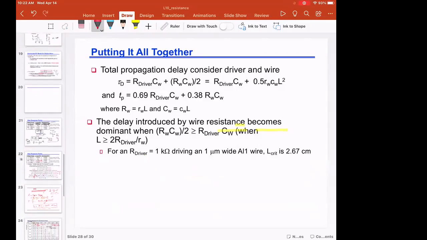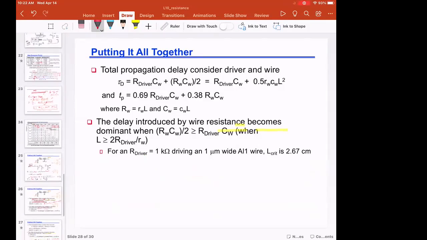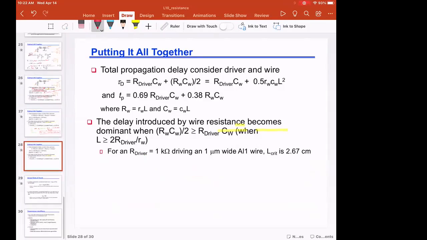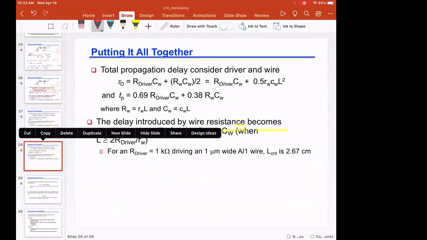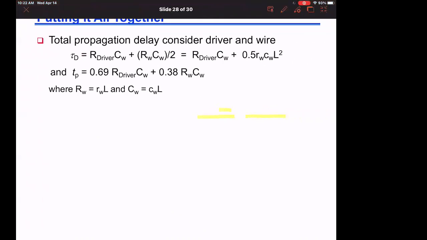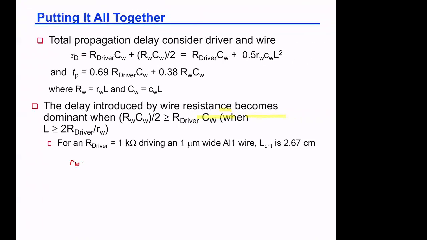So let us say now that for the aluminum the little Rw is 0.1 ohm per micrometer. Then we will be able to find the R wire.